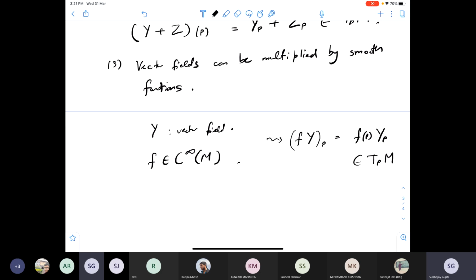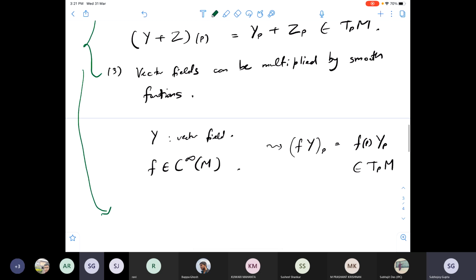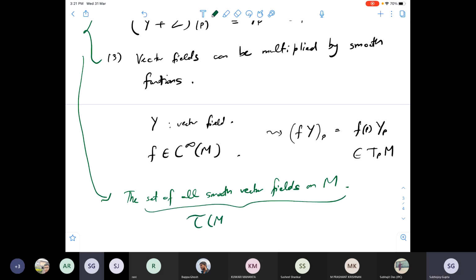All right, so that's still a smooth vector field. So these two, 2 and 3, tell you, in algebraic terms, that the set of all smooth vector fields on M, which I'll call tau of M, is a module over C infinity of M, the functions.